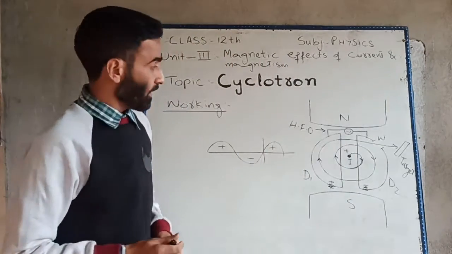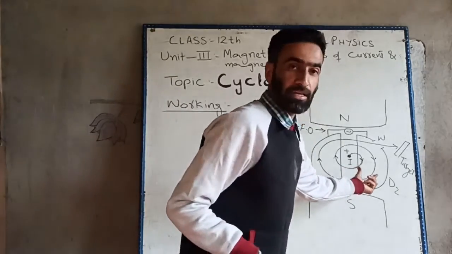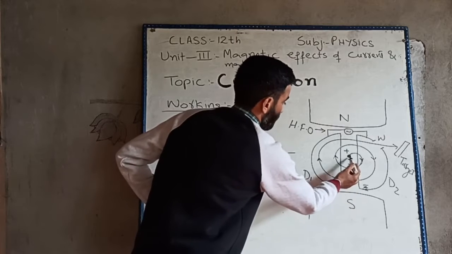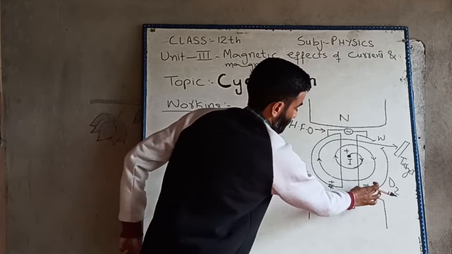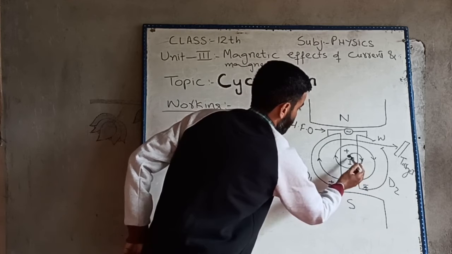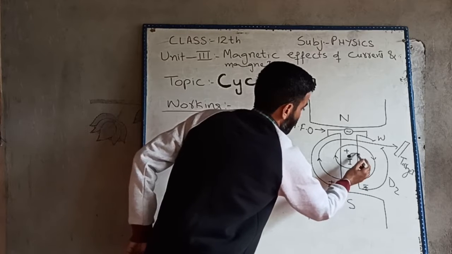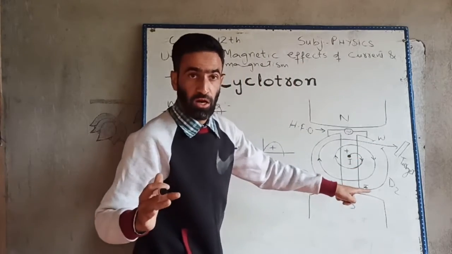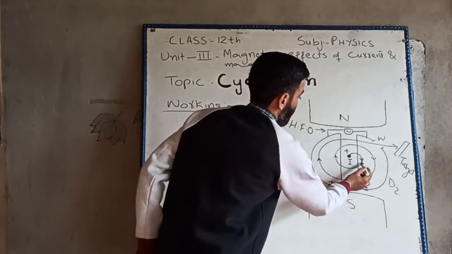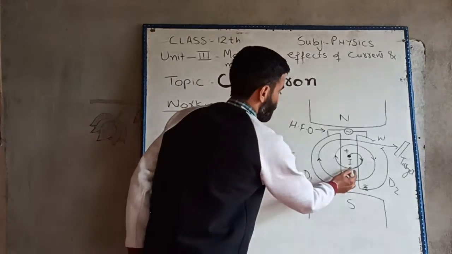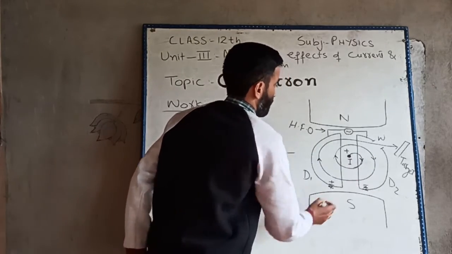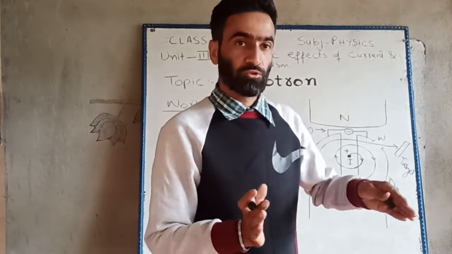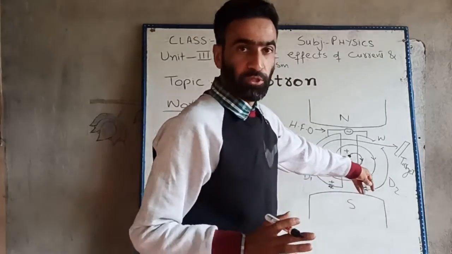But this has to happen within the cycle, meaning for the first half of the input AC, since D2 was negatively charged, the time in which the charged particle follows the semicircular path should be the same in each semicircular path, in order to make it harmonious with the field, with the potential.